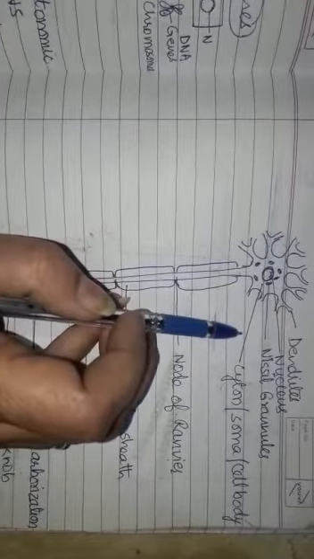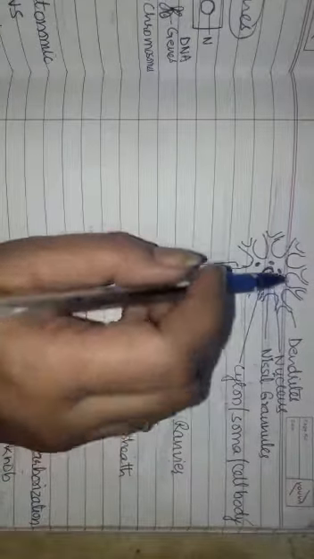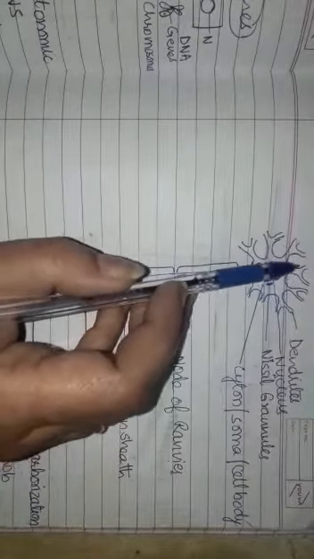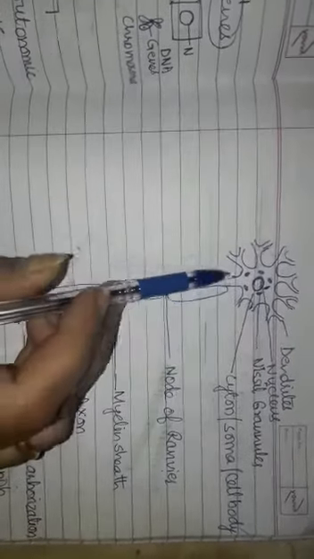The short processes which arise from the cell body are called dendrites. The dendrites are small, many, and branched processes which arise from the cell body. And there is a long, single, unbranched process which arises from the cell body, and this is called axon.